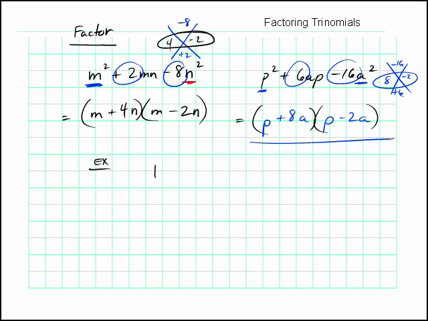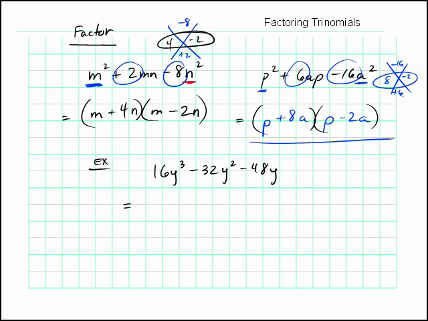Let's look at this one now. 16y cubed minus 32y squared minus 48y. Now, what you should always look for when you are factoring trinomials, or any polynomial at all actually, the very first thing you should look for is a GCF. If you can factor a GCF out of everything, you should always do that first.